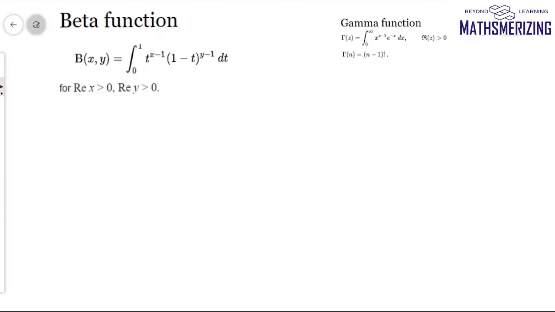So that is another representation of this beta function. Now we'll try and find the value of beta xy. So we'll treat this as an integral. I'll take t to the power x minus 1 as my first function, and 1 minus t to the power y minus 1 as second function.